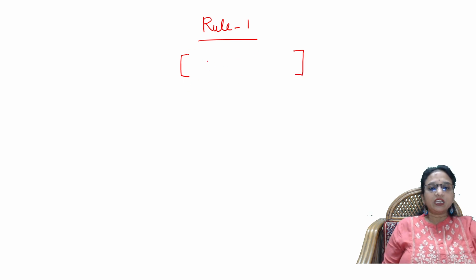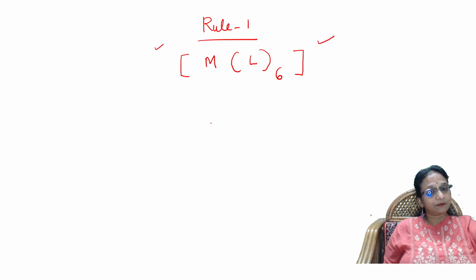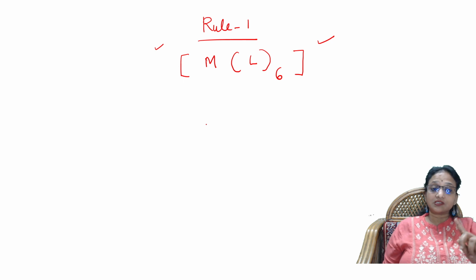There will be a metal, there will be ligands inside this, and there will be a certain coordination number, for example, 6. You may have an ion here or you may have an ion here. Suppose you have a ligand here, and one more ligand outside the coordination sphere.